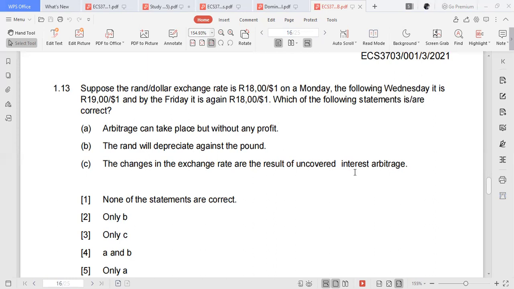Uncovered interest arbitrage is the same as the one we referred to earlier: interest arbitrage takes into account when you see that Botswana is offering higher levels of interest compared to what South Africa is offering. It becomes uncovered when you decide not to enter into a forward contract.